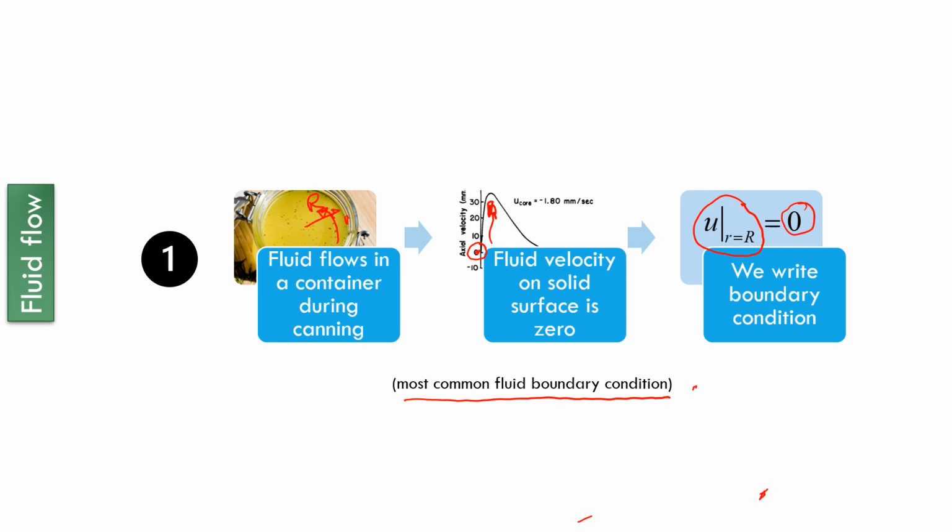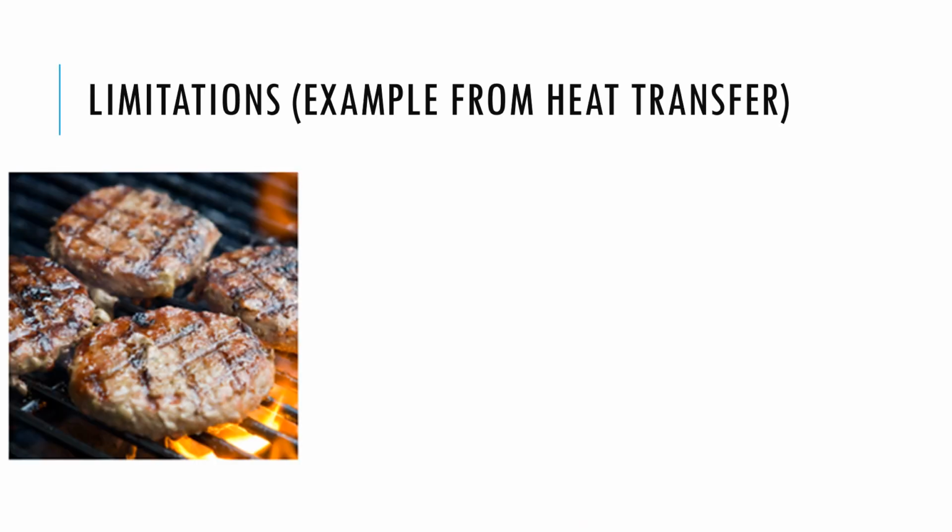So there is 0 velocity on the surface. We discussed boundary conditions, the most common types for heat transfer, mass transfer, and fluid flow.